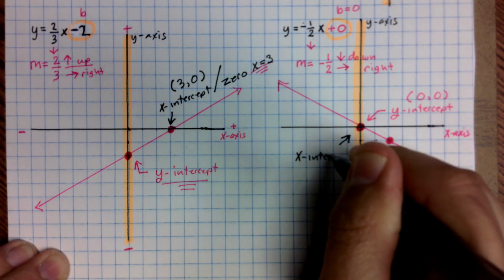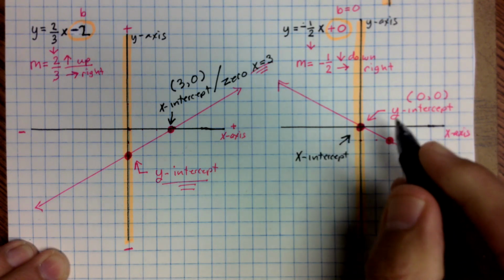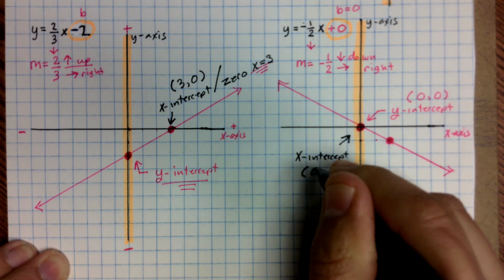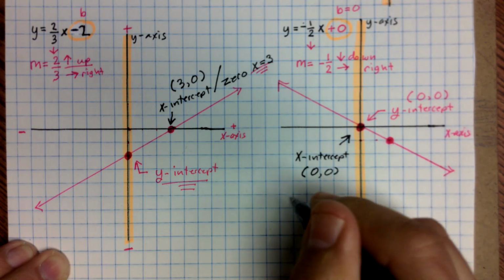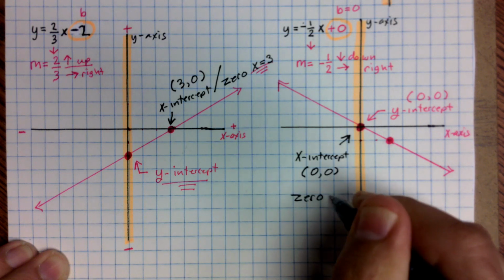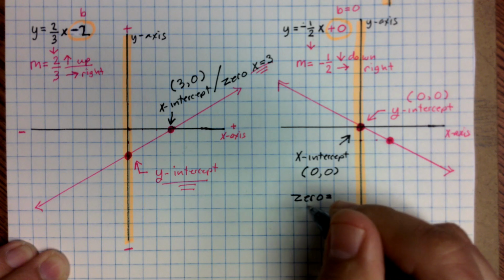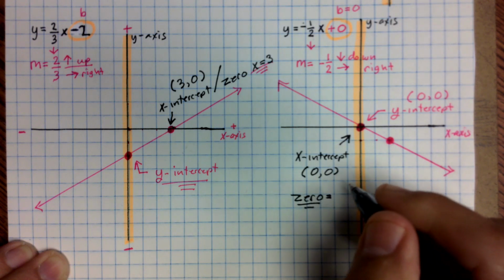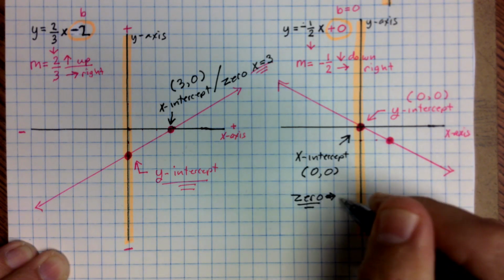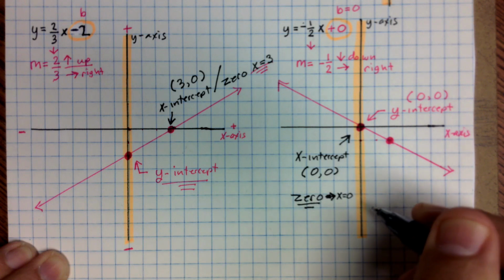So anytime we have something that's proportional, your x-intercept and your y-intercept are going to be the same. It's 0, 0. This is also known as a 0, and if they asked on the test, what is the 0 equal to? Well, our 0 in this case is just going to be, let me put an arrow here, x equals 0.